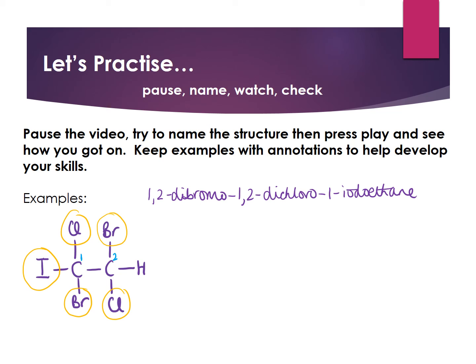And from the skeletal formula example, okay, if we put carbon and carbon like so, on this first carbon then we also need an iodo and a bromo and a chloro, and on the second carbon we also need a chloro and a bromo, like that. So that's the skeletal formula of 1,2-dibromo, 1,2-dichloro, 1-iodoethane.